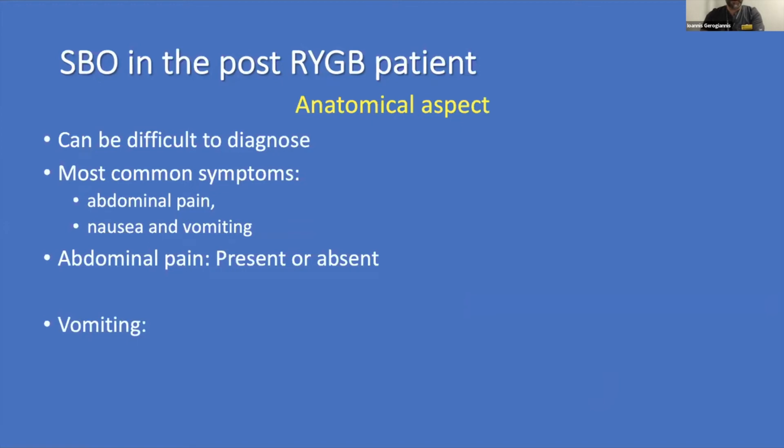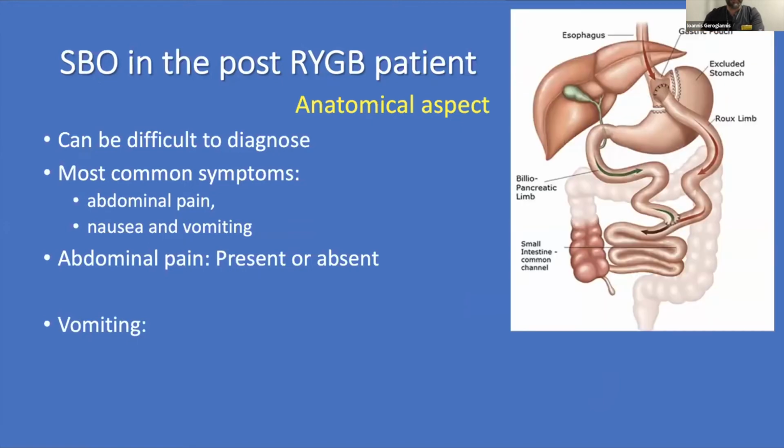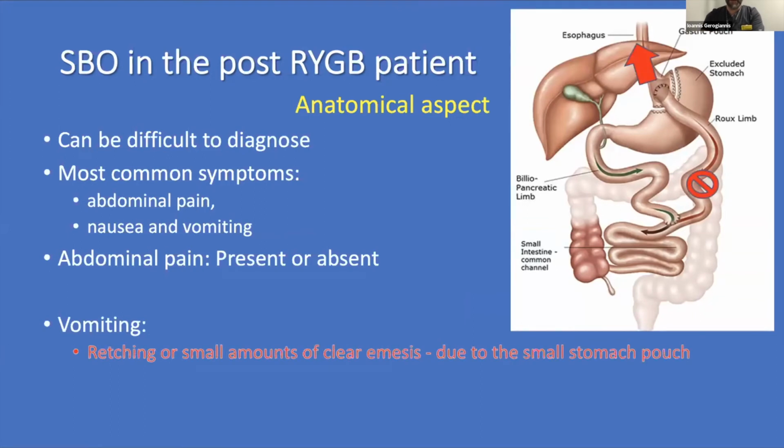Vomiting. Now, I want you to see this. This is the anatomy of the Roux-en-Y gastric bypass. If the obstruction is in the Roux limb or close to the stomach pouch, then the patient will have retching or small amounts of clear emesis, but not a lot of vomiting.